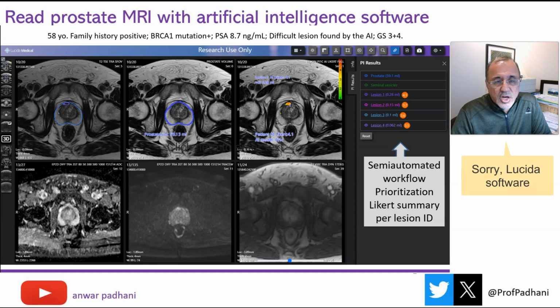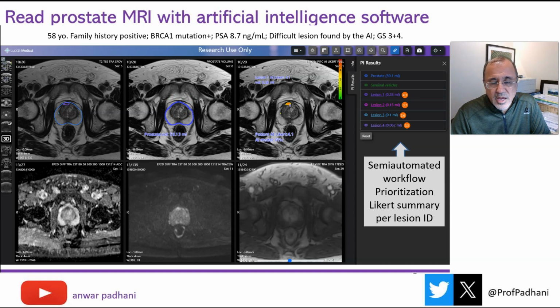So here is the Quantib software in a different patient. You can see a small lesion here anteriorly in this man who has got a BRCA1 gene mutation. This turned out to be a 3+4 prostate cancer on a Templar biopsy. You can see on the right hand side I've got the prostate volume. The seminal vesicles are also outlined.